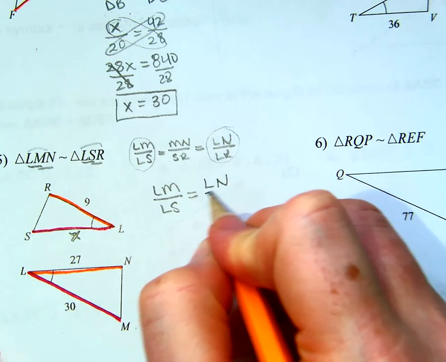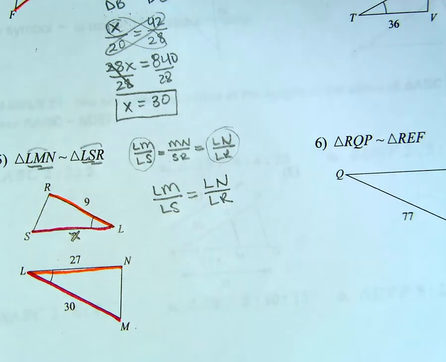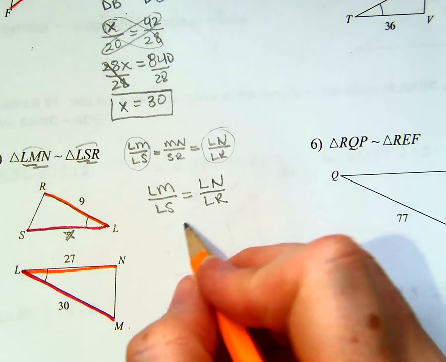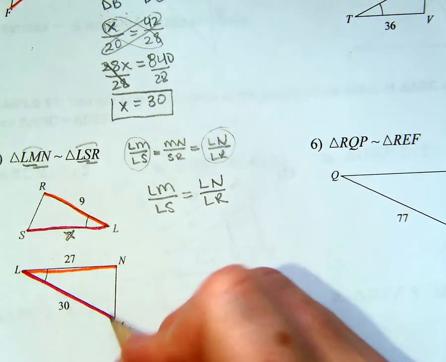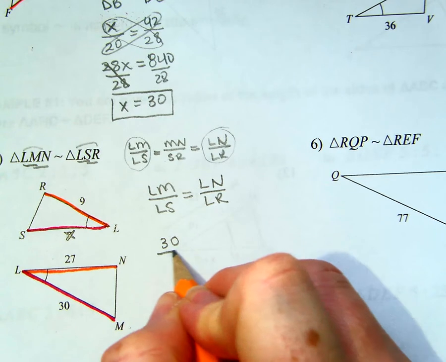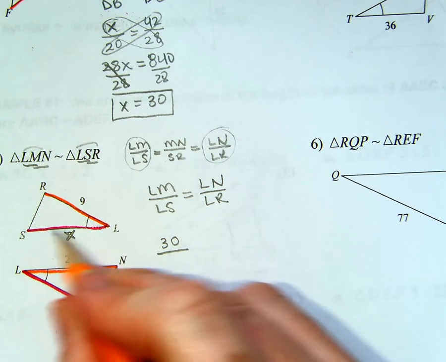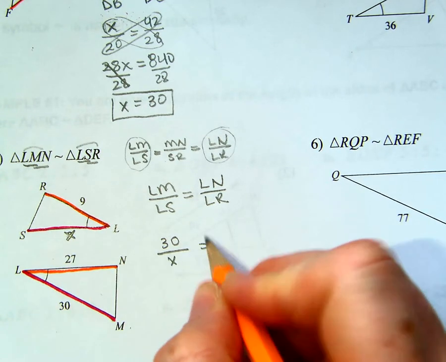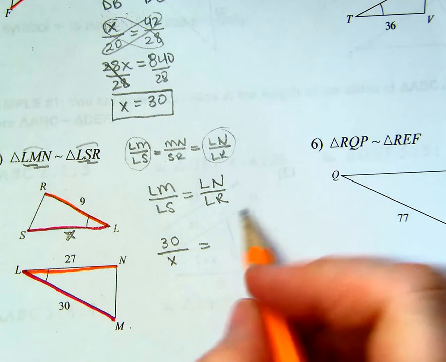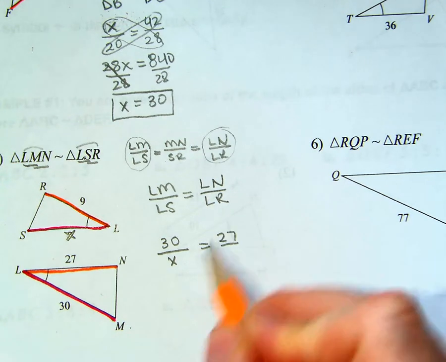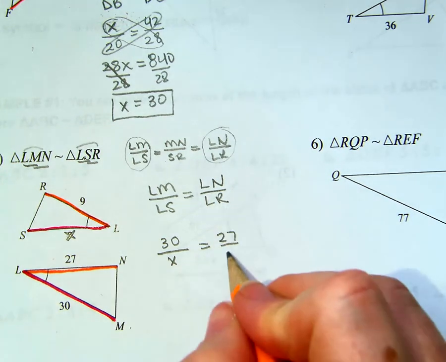So I just need to figure out what do I know so that I know what to solve for. Okay. So right here, LM is 30. LS is my unknown. LN is 27. And LR is 9.